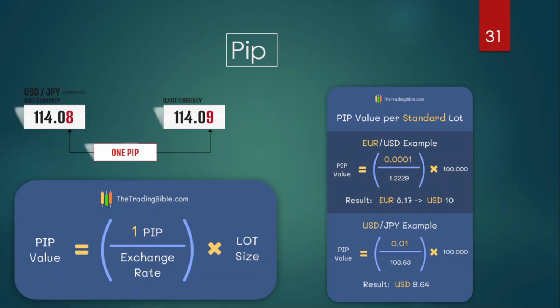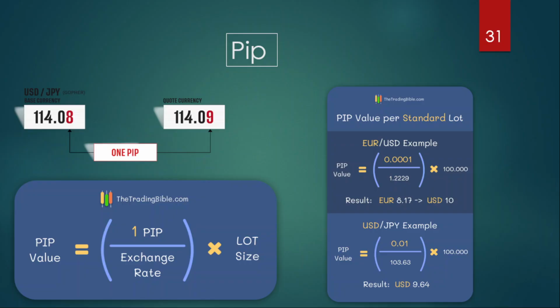For this example, suppose the price is moving from 114.08 to 114.09. Like we said, the last numbers on the price indicate the price movement, or the amount of pips.